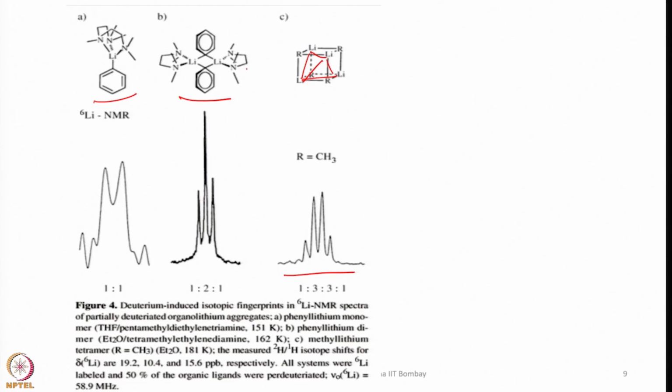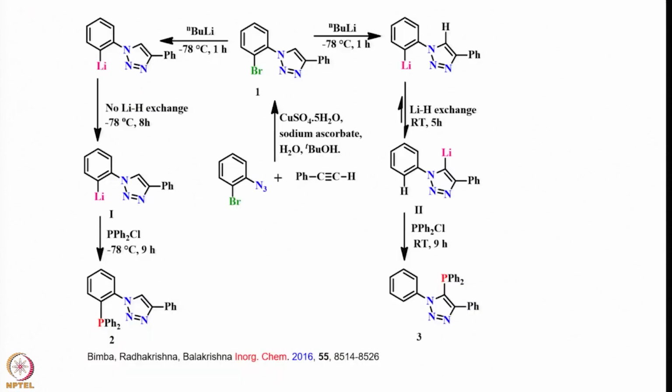You never know how many CH2 are there, whether it's CHD and all those things, but from the spectrum it appears that it is coupled with two equivalent hydrogen atoms. As a result, it shows a 1:2:1 triplet, whereas here it is very clear methyl hydrogen atoms are coupled with lithium to show a quartet, 1:3:3:1.